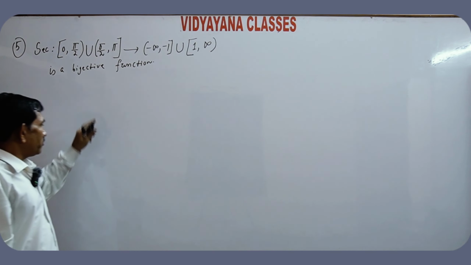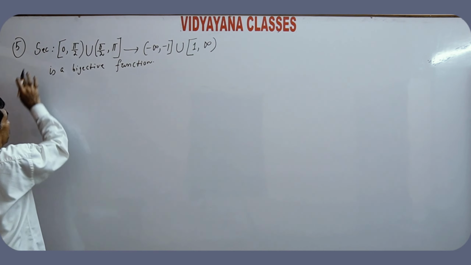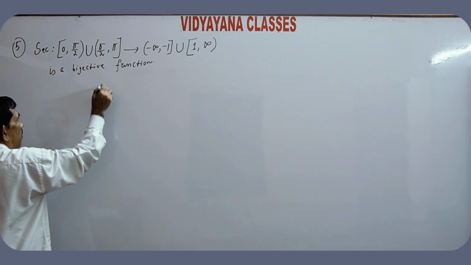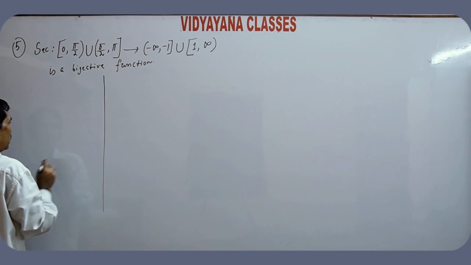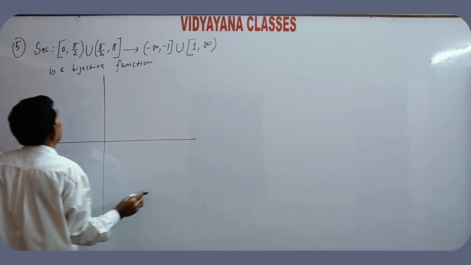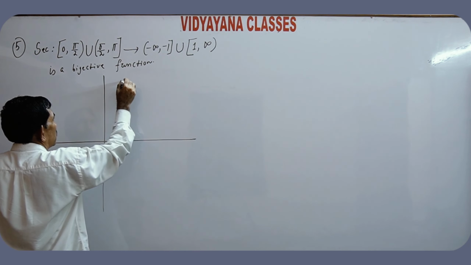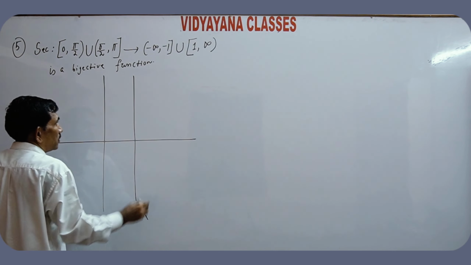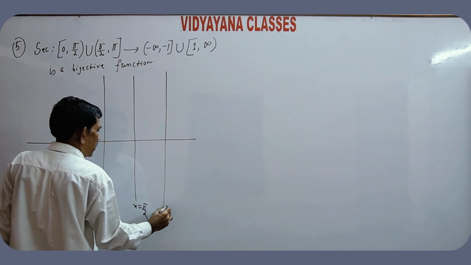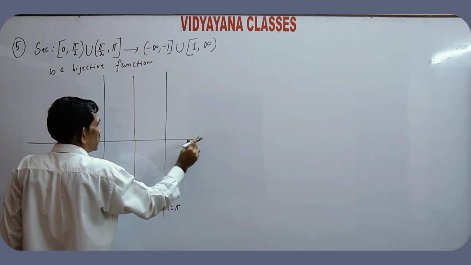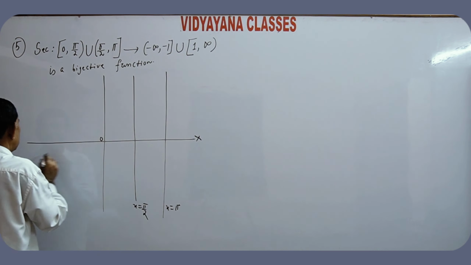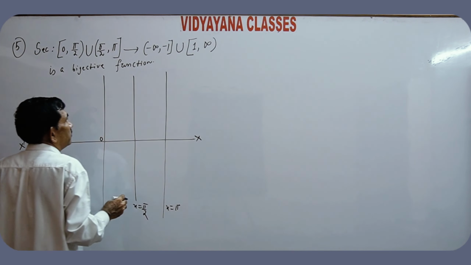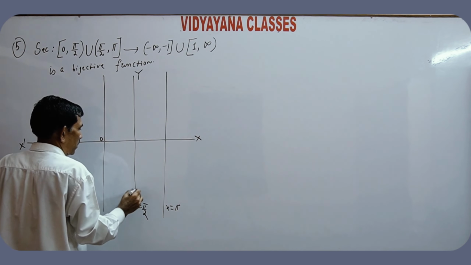It will be clear from the graph. What is the graph of the sec function in this interval? 0 to pi by 2, pi by 2 to pi. This line is x equal to pi by 2. This line is x equal to pi. It is the x-axis, origin, x dash, y dash.